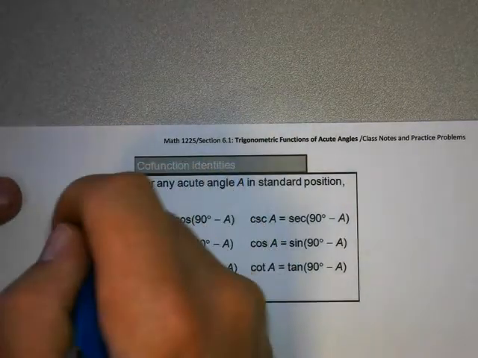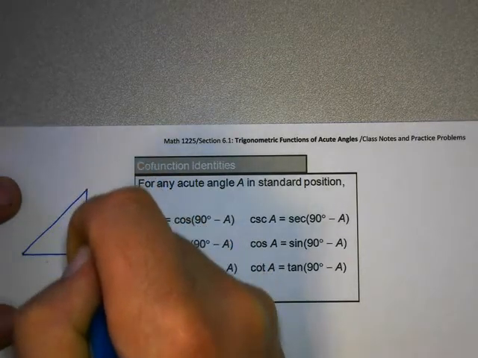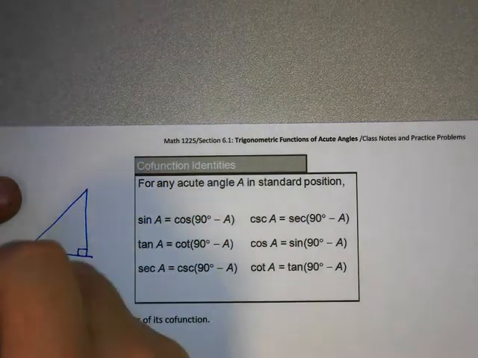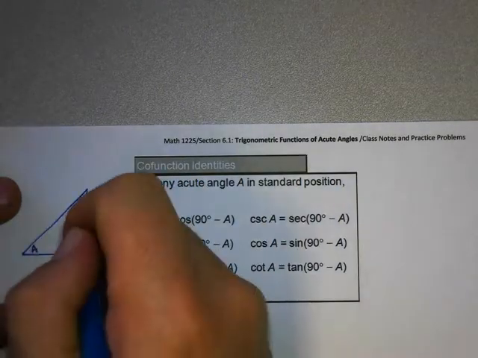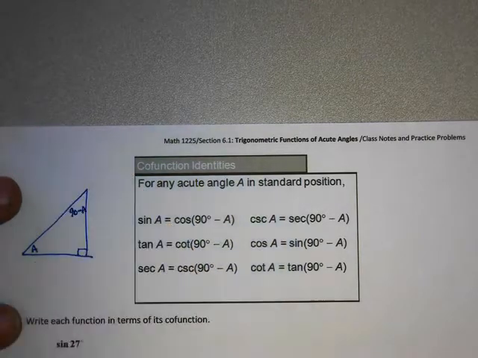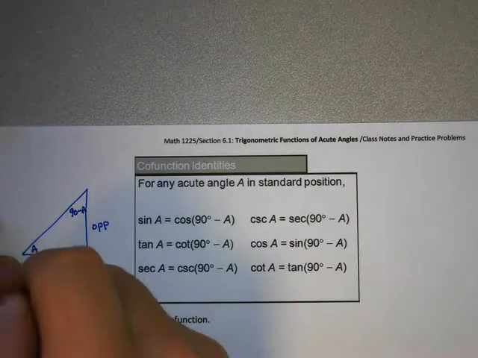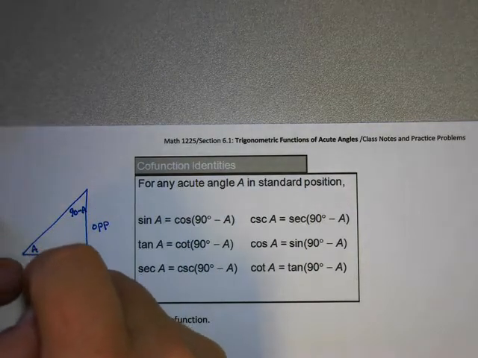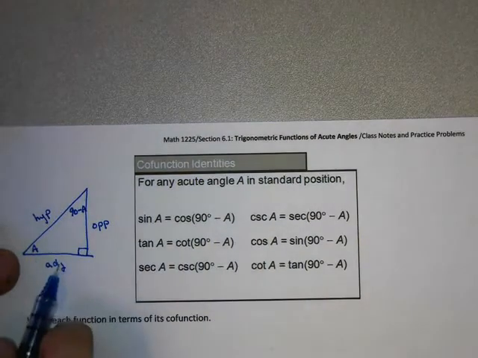But if you really think of what this is saying, if I have a right triangle where this is my angle A, then because these two angles are complementary, this is going to be 90 minus A.